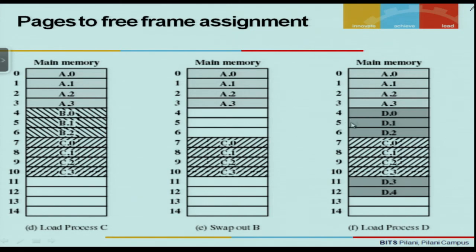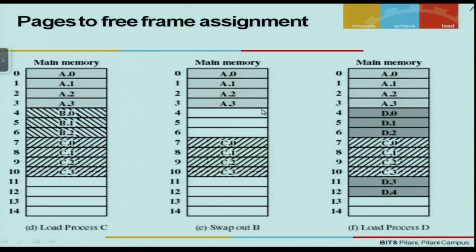Now at a later point of time, another process comes in, process D gets loaded. If we are following the first fit strategy, this process will get loaded here. One thing we should see is that process D requires a total of 5 frames.